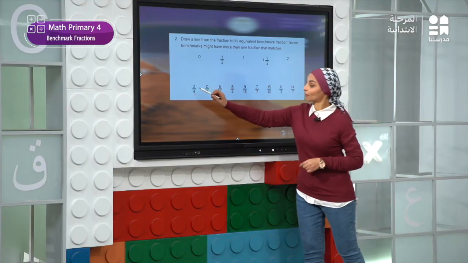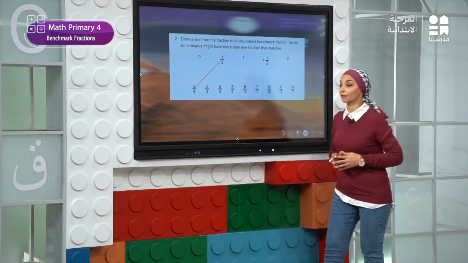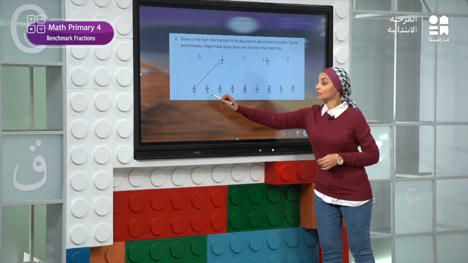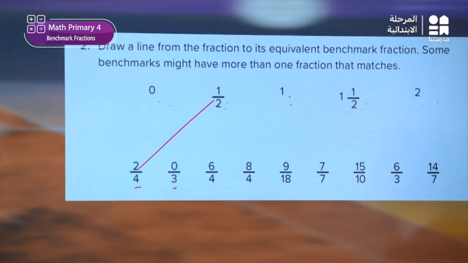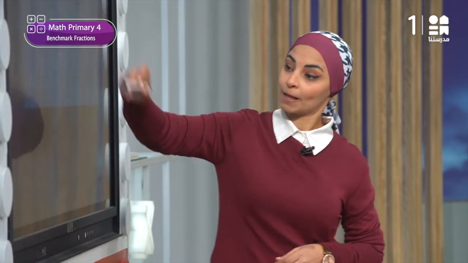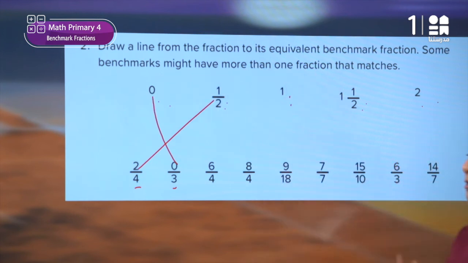So 2 over 4 equals half, and I match 2 over 4 with the half. What about 0 over 3? Of course, 0 over 3 equals 0, because the numerator is 0, so the fraction equals 0. So I will match it with 0.